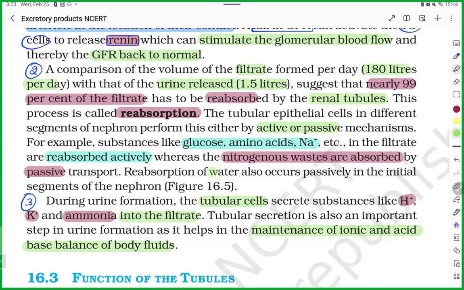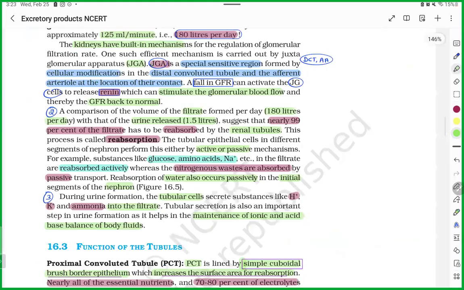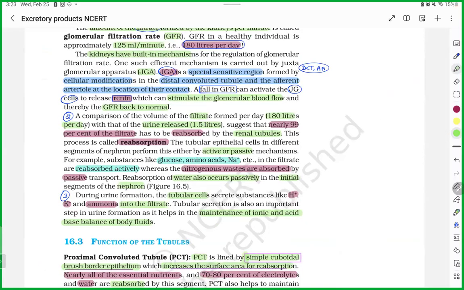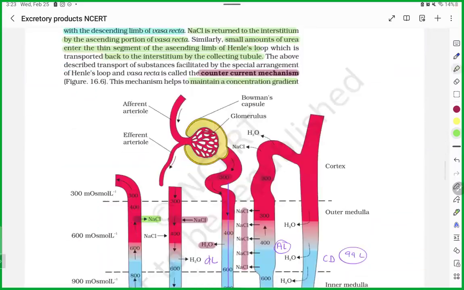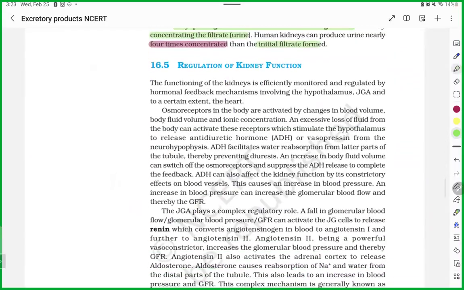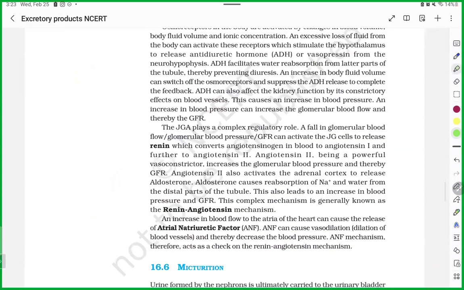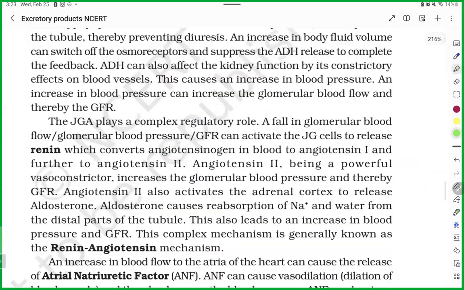And reabsorption of water also occurs passively without any energy in the initial segment of the nephron, like PCT. So by this we form the filtrate in the glomerulus and Bowman capsule, and through reabsorption we recovered it back. Okay, we recovered it back. And you will see this second part is almost the same thing.